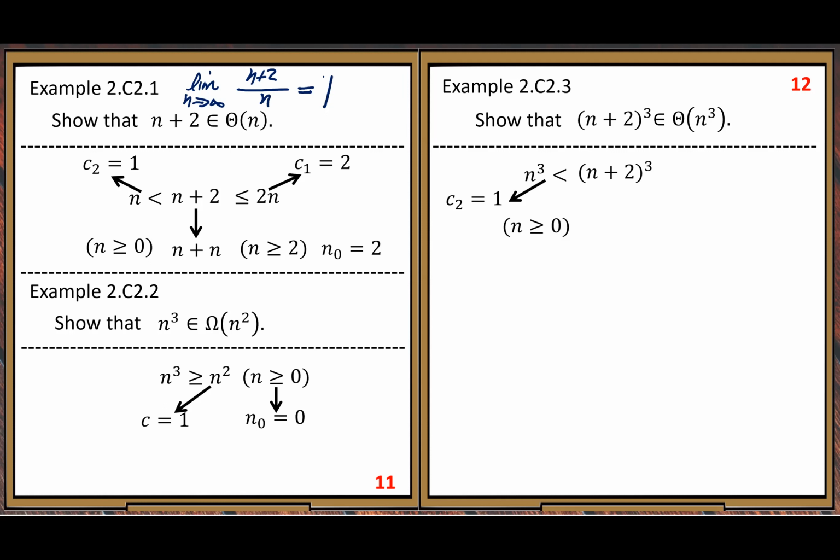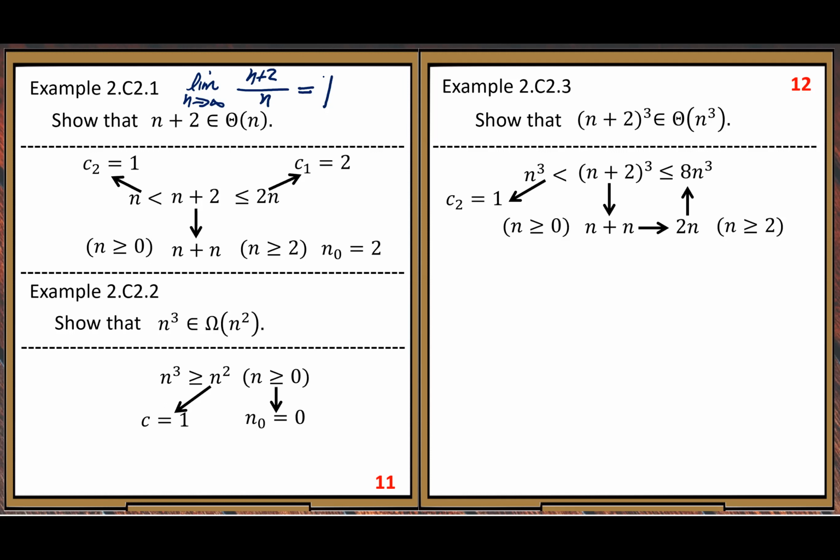Upper bound side this time, can we do the similar thing here? Replace 2 by n. So we just do this similar thing. Replace 2 by n, we get 2n, for the condition n greater or equal to 2. After we get 2n inside the parenthesis, we take the cube.